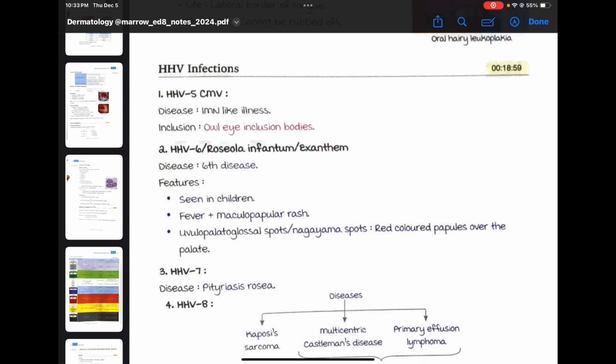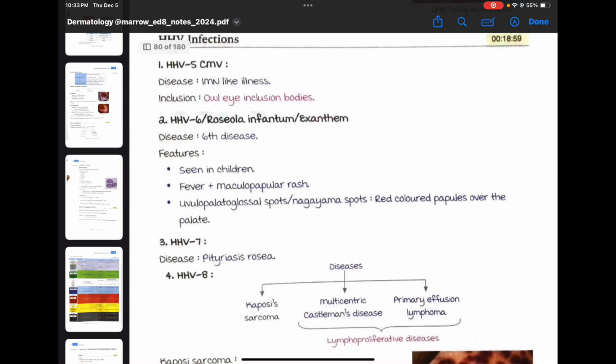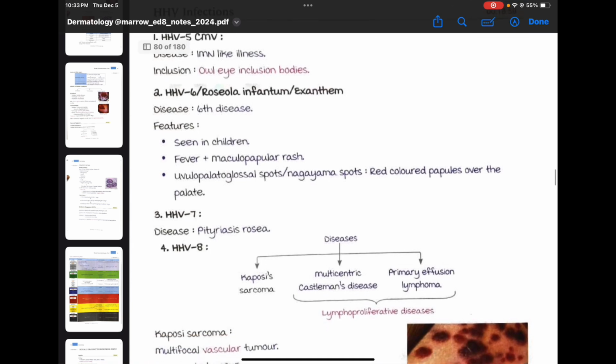Easy to remember, HHV6 causes sixth disease. And the full form of HHV is human herpes virus. This is seen in children: fever plus maculopapular rash, uvulopalatoglossal junction spots, Nagayama spots, red colored papules over the palate. Human herpes virus 7 disease: pityriasis rosea.